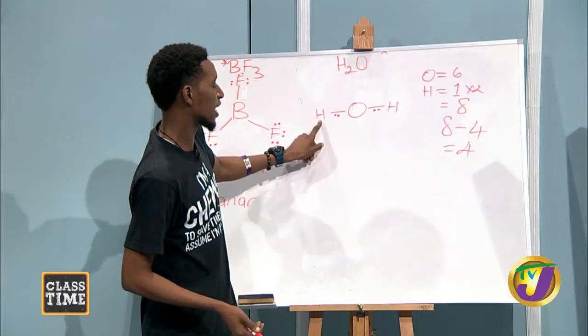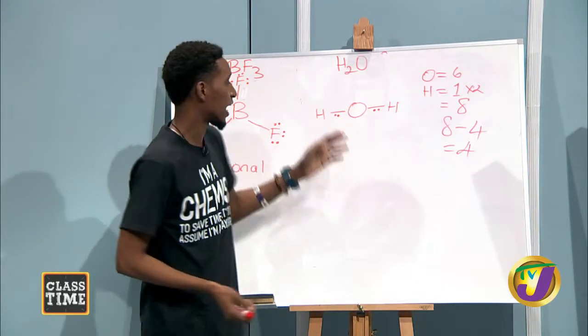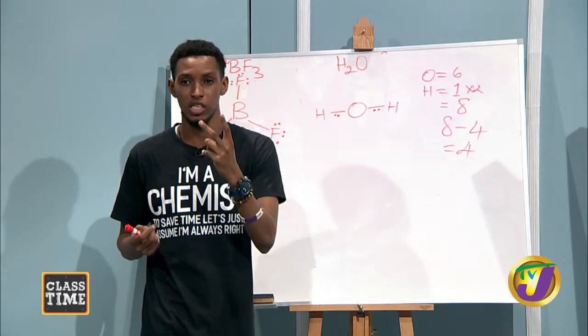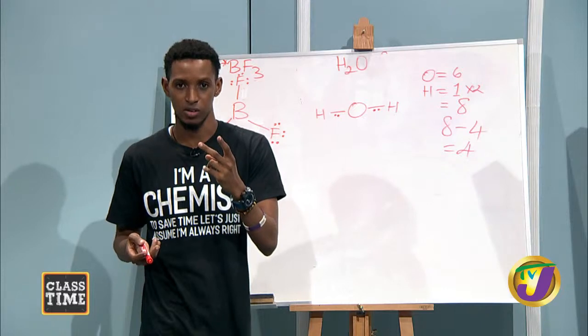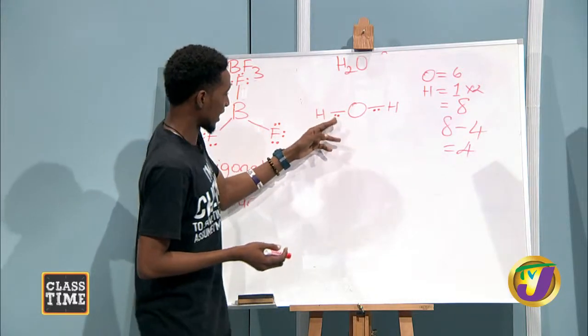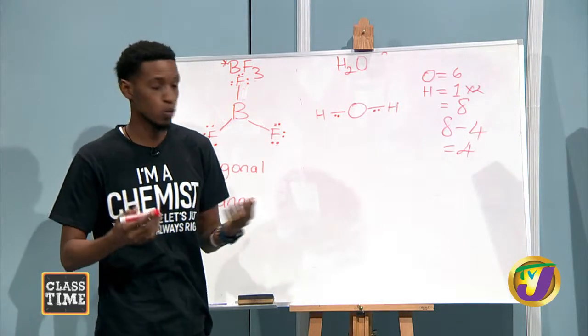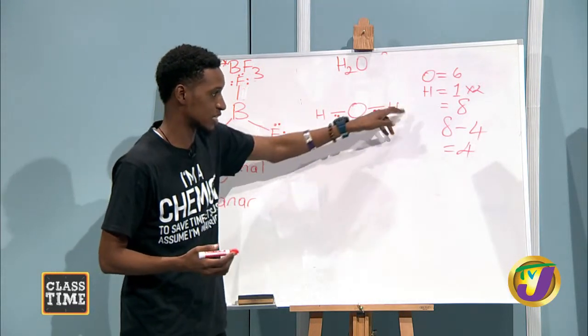But what is the outer atom here? It's hydrogen. Hydrogen can have a maximum of 2 electrons on its valence shell, or energy level, sorry. And it already has 2 because it's sharing these 2. So we can't put any more electrons around these hydrogens.